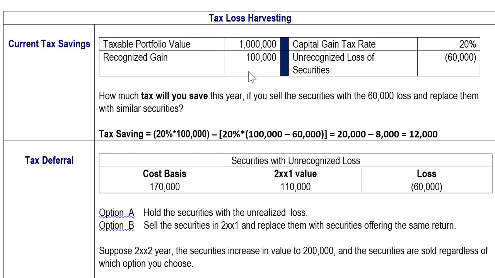Now you look at your portfolio and you see some security had some loss, even though our total return is positive. Say these securities have around $60,000 in capital loss.